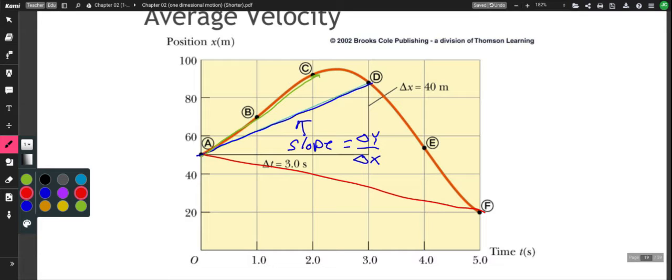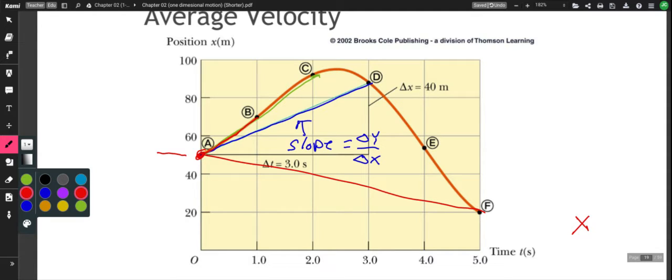In the case of looking at this as this object moves along, it starts at a position of about 50 meters, 40, 50 right here. It moves along its path. Now, this is representing linear motion, so you could almost think about this in this fashion.